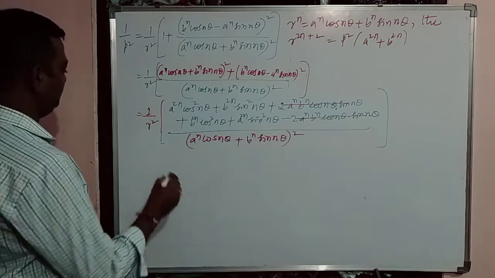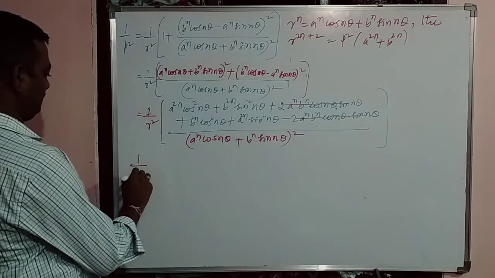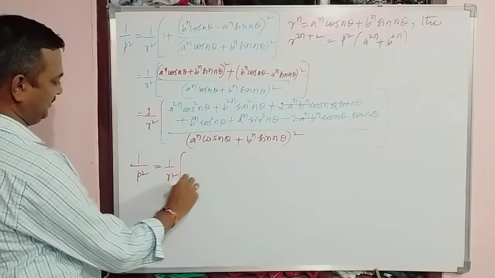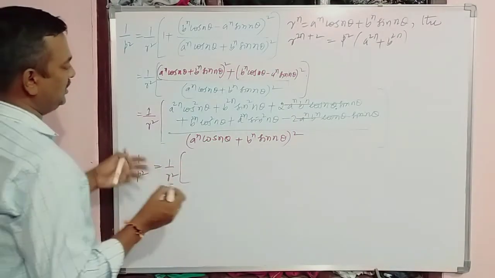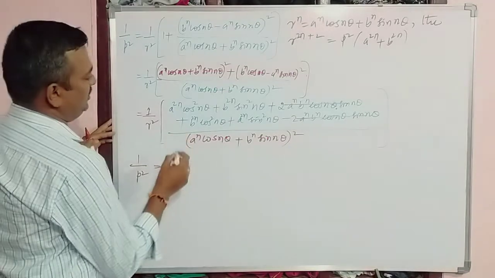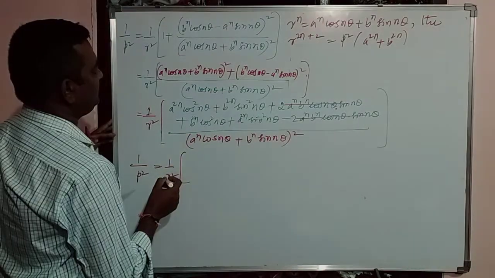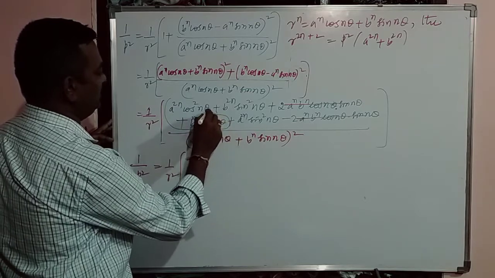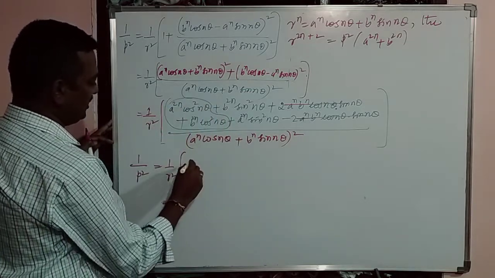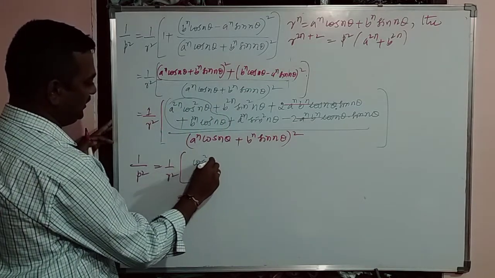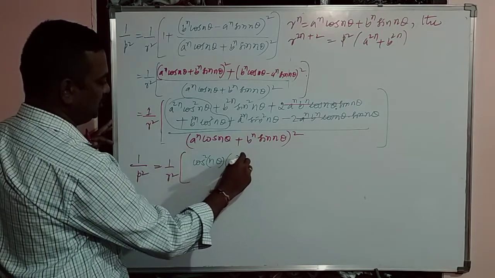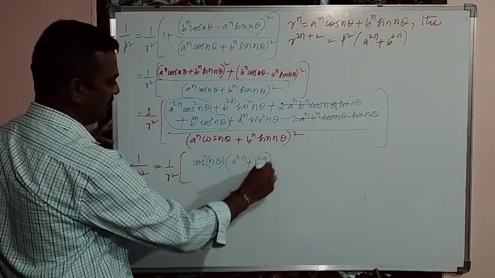Further, 1 by p square is equal to 1 by r square into, okay, students, in these two terms, what is common? Cos square n theta is common, you will get a raised to 2n plus b raised to 2n.